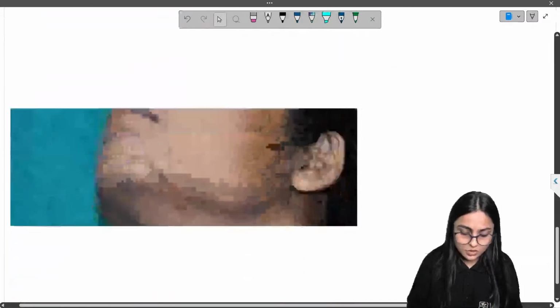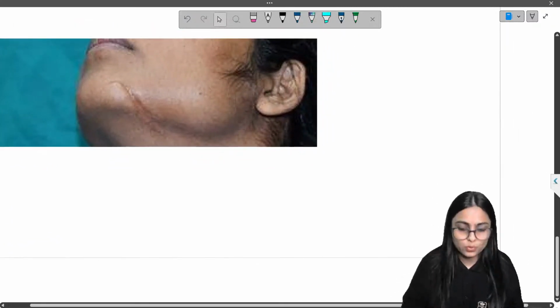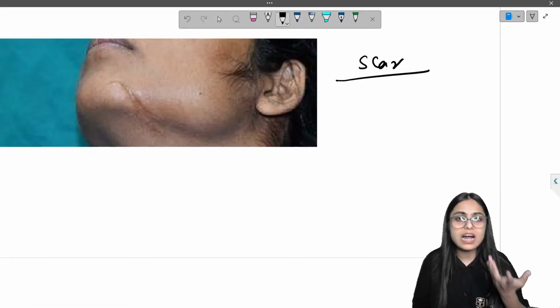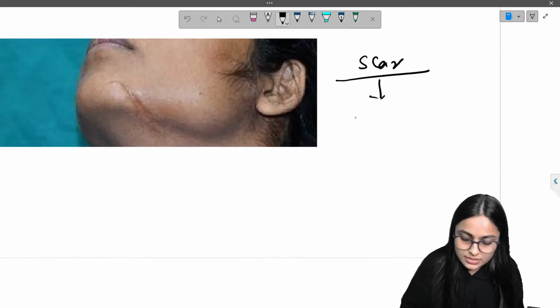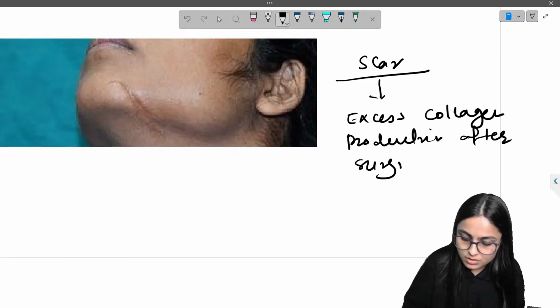So next secondary lesion that we have, and the last one, is called scar. Scar, we all know scar. What exactly happens in scar is excess collagen production after surgical healing.